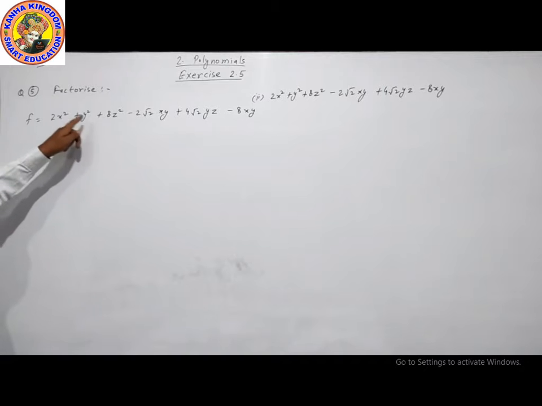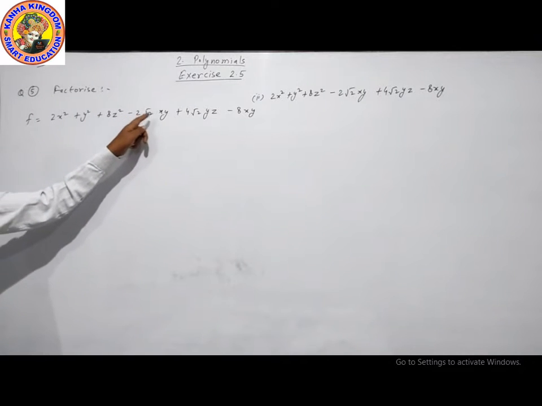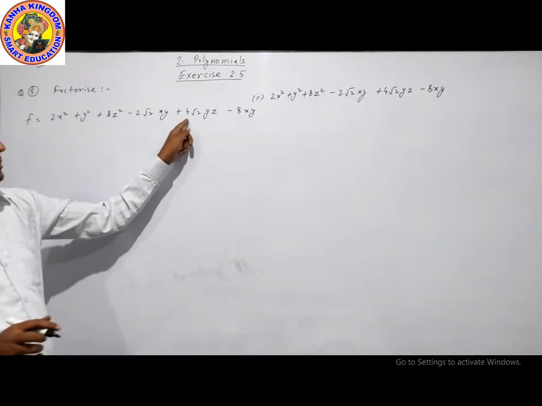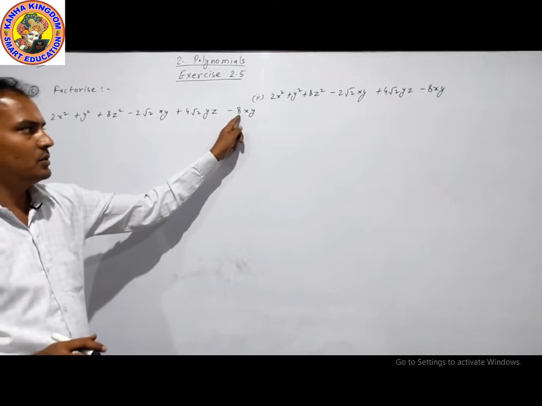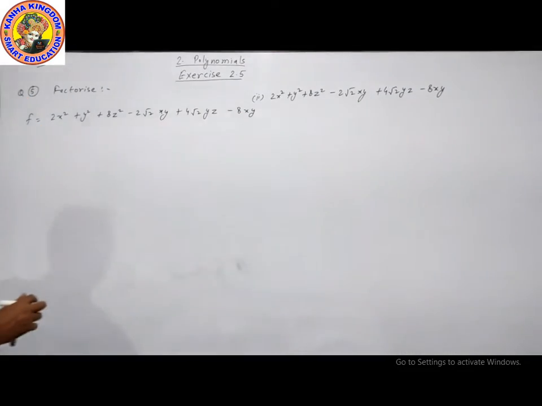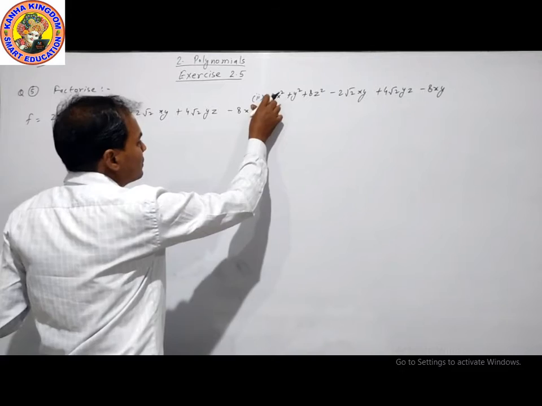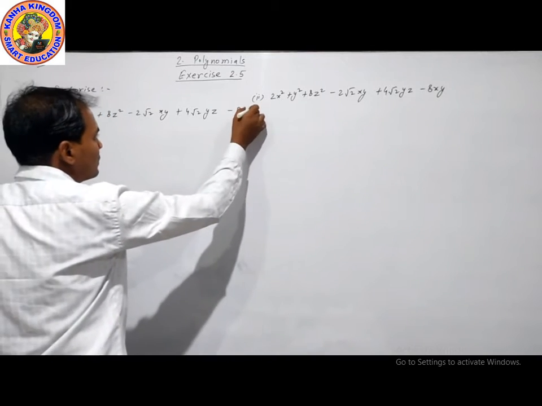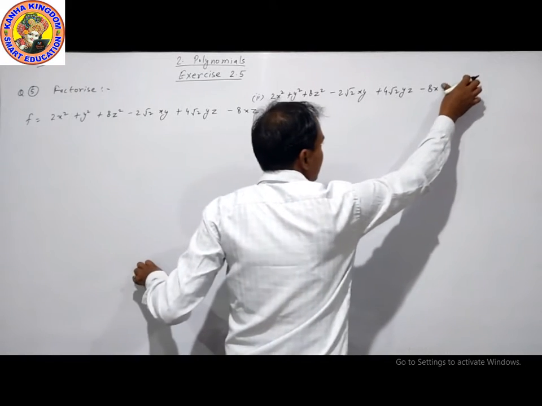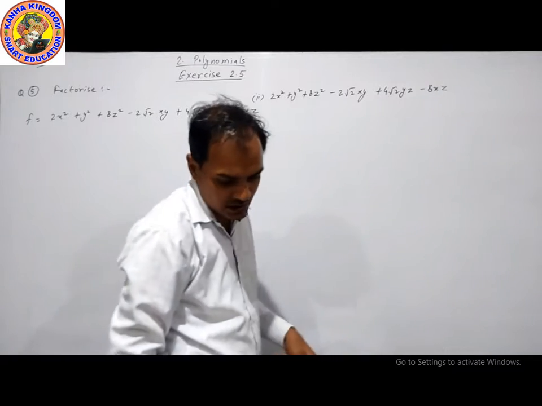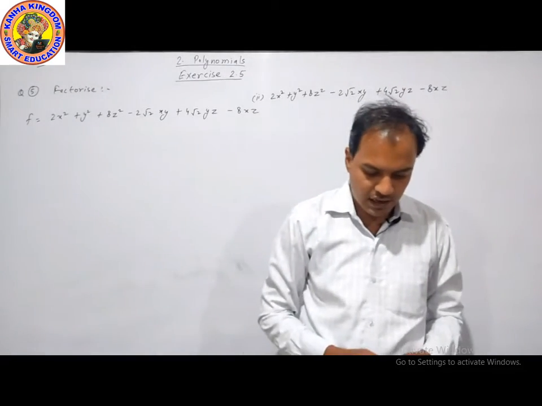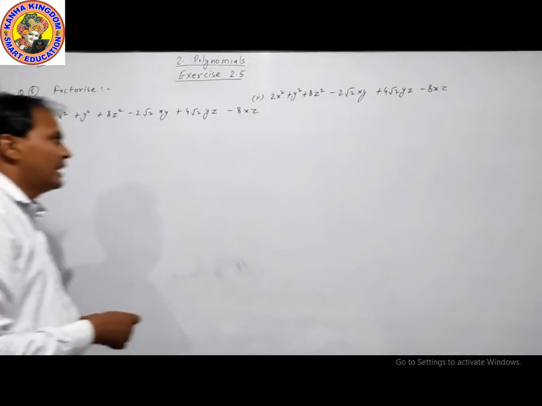Here is x square, y square, z square, 2xy, 2yz, 2zx. The last one is minus 8xz.